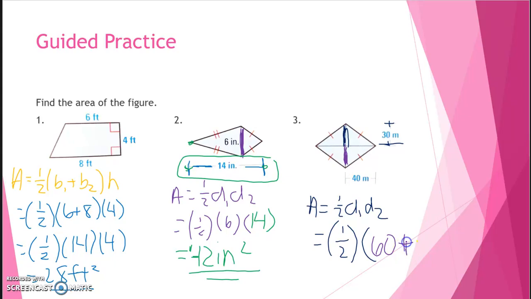Sorry, did not mean to put a plus sign there. Need the end parenthesis. And your other diagonal, from that to that, using the markings, is 40. So it's 40 on the other side, to give us 80. You get 2,400 meters squared for the area of the rhombus.